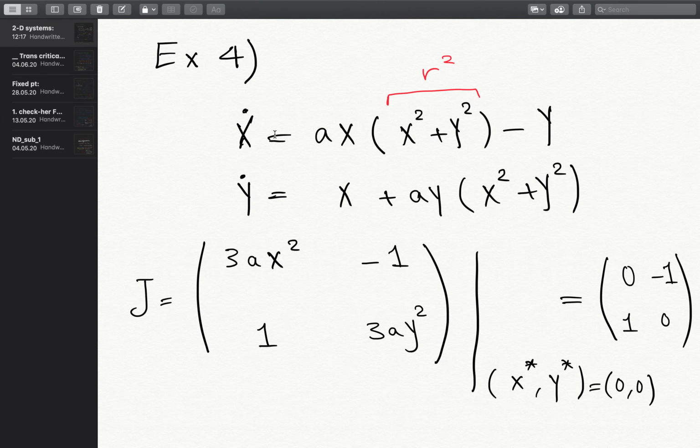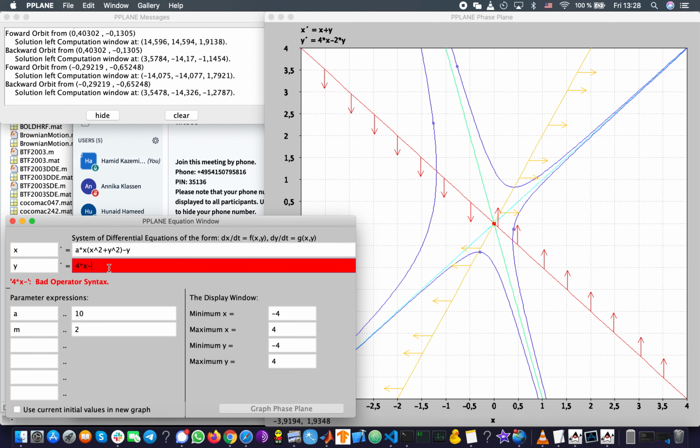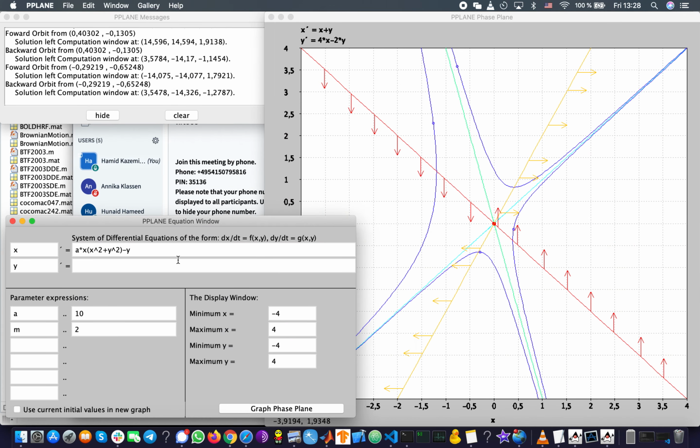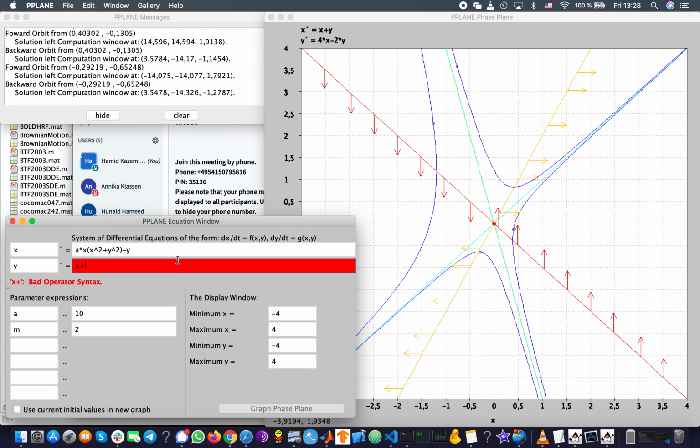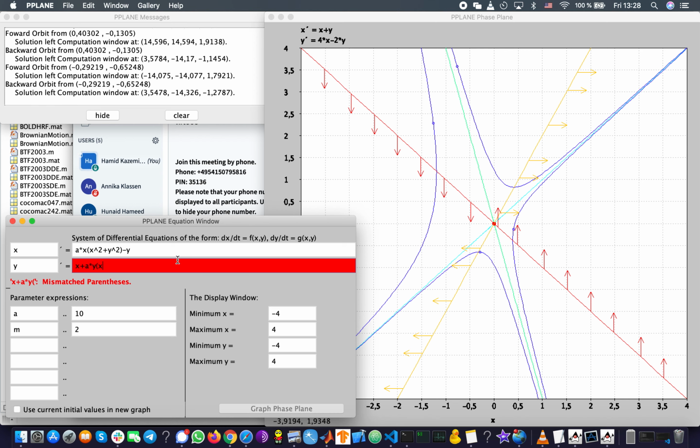And also we had a. This is the a, right? And for here, for y dot, x plus ay, x plus a times y times again x squared plus y squared.